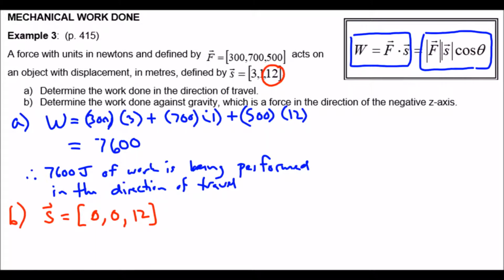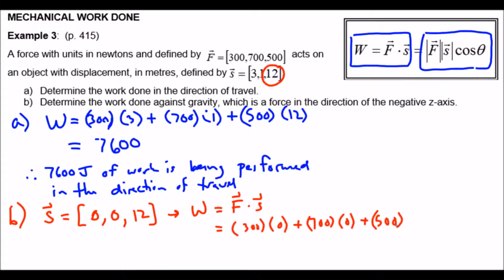So I'm going to have work against gravity equal to F dot S again, but with my new S. This is equal to 300 times 0 plus 700 times 0 plus 500 times 12.